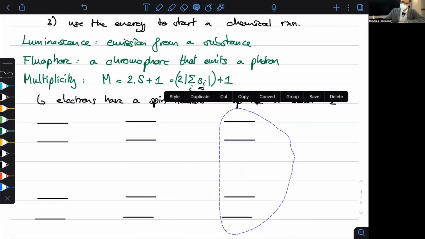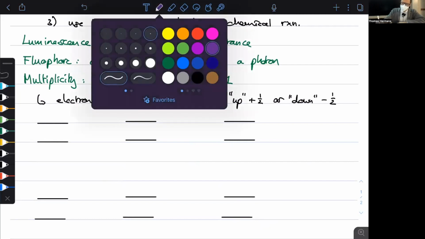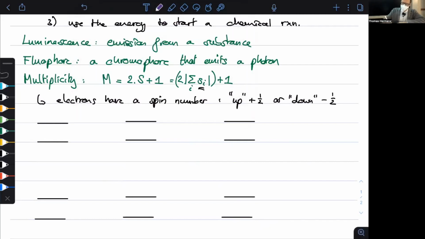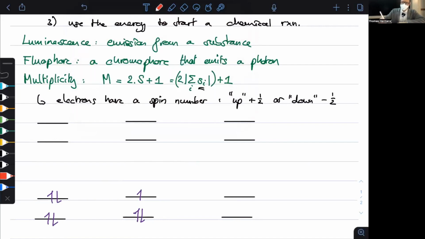Okay, so we're going to look at 3 cases. The first one is simple, right? It's the ground state. So we draw the electrons, spin up, spin down, spin up, spin down. That would be the ground state. Now, if we go to an excited state, we can bump 1 electron from the HOMO to the LUMO. Okay, like this.